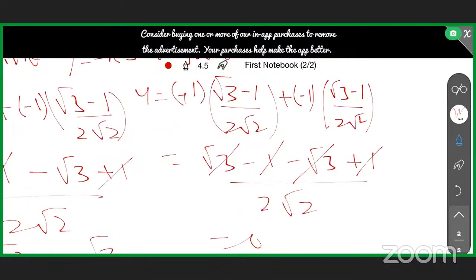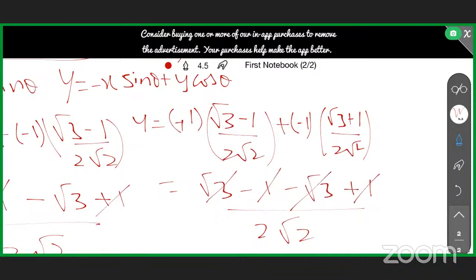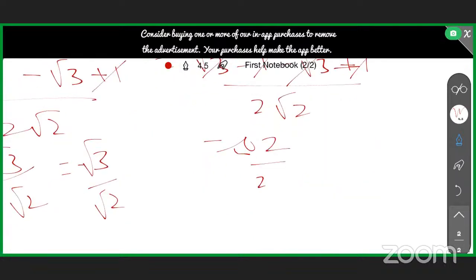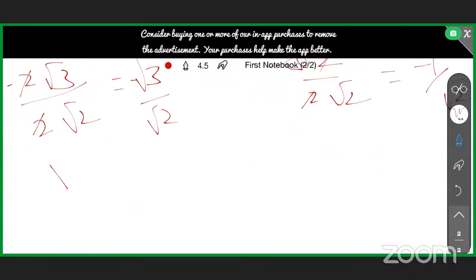Yes, sir. So this will again become minus 2 by 2 root 2. So the 2 cancels, minus 1 by root 2. So my capital X, capital Y will become minus root 3 by root 2, comma minus 1 by root 2.